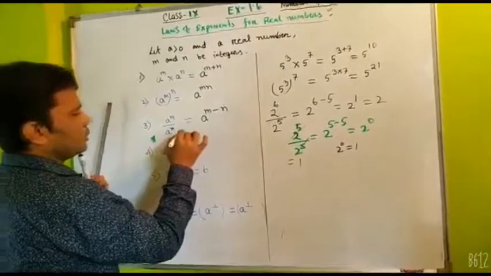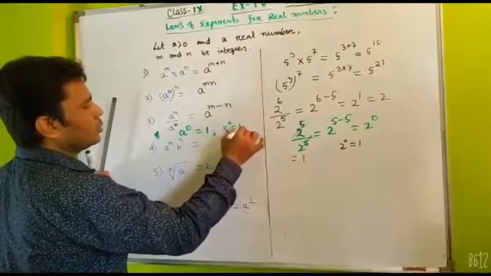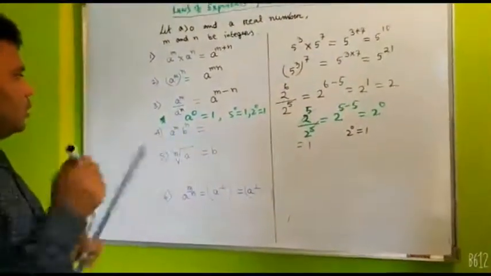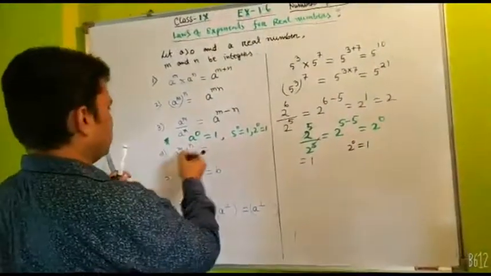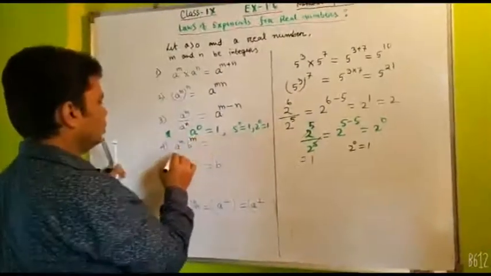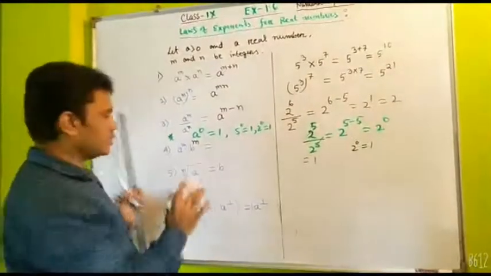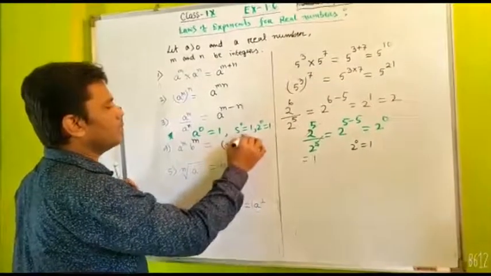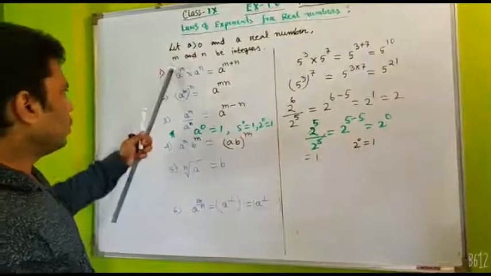Here we can write a to the power n, and suppose b to the power n. Both bases are not same, but the powers are same. Is it clear? Bases are not same. In the first, second and third laws, bases are same, but in this case bases are different and powers are same.